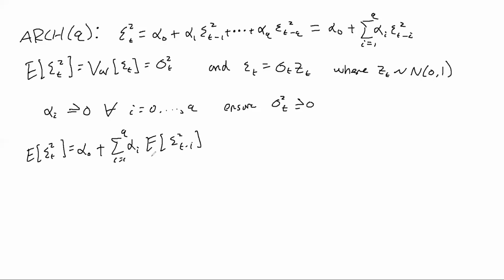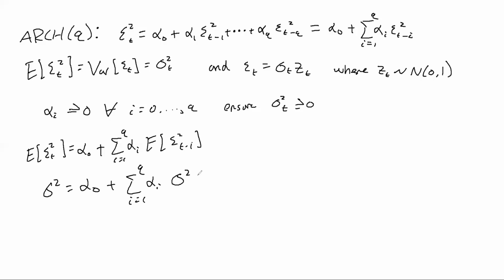So for the long-term variance, remember that the expected value of epsilon squared is going to be the variance. This is going to be equal to the intercept plus the sum of our alpha i. Then the expected value of our error term again is going to be the variance.